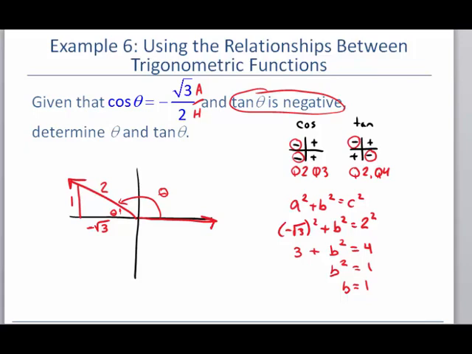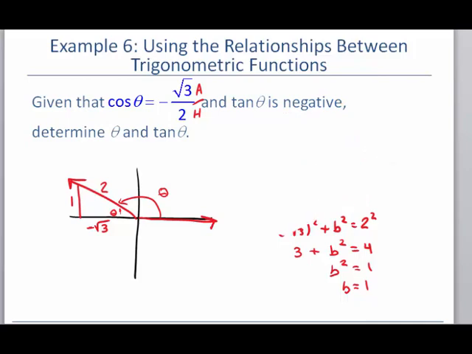Now, the problem asks us to determine tangent theta, so I'm going to go ahead and do that. Remember that on your SOHCAHTOA, tangent is opposite over adjacent.